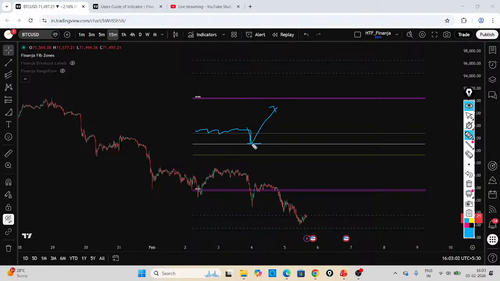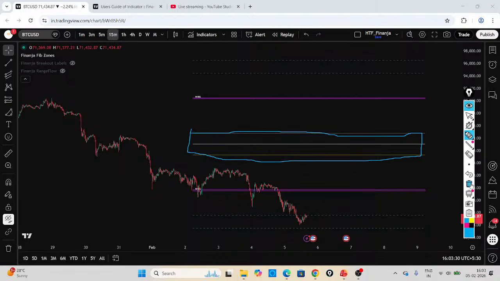If it is above, then it will go up only, and if it intersects this 50% level, then we can think that the market bias may be changing. If it tested the 50% level properly and went down, there will be downward movement. So this is the way you can trade it.